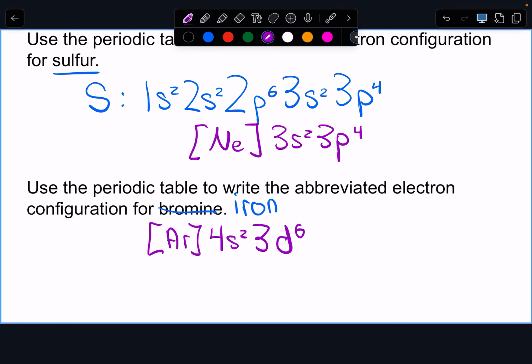And then I'm going to say, okay, I know it's in the 3rd row, so I've got to do the S's first, 3s2, and then 3p4. Okay? So the abbreviated combined with the periodic table approach makes it very quick to see where those valence electrons are, because that's what's coming after that abbreviation is the valence electrons.